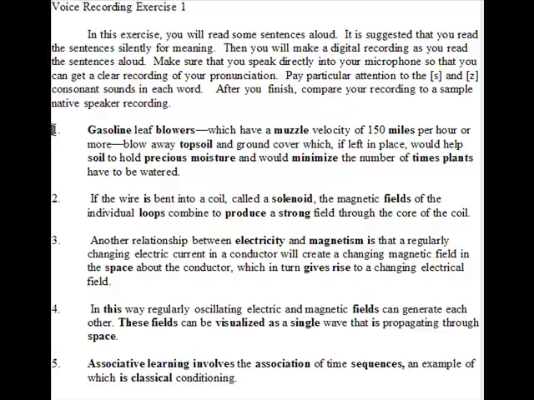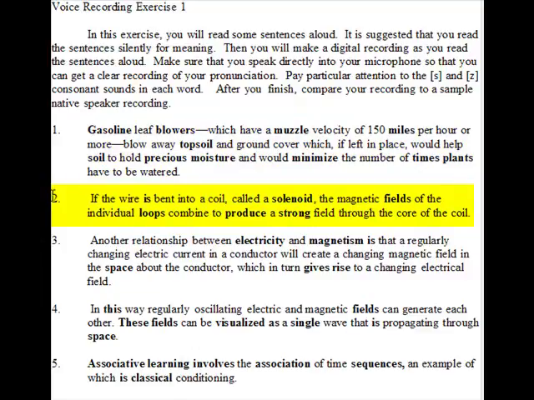Now listen to me read the 5 sentences. Gasoline leaf blowers, which have a muzzle velocity of 150 miles per hour or more, blow away topsoil and ground cover which, if left in place, would help soil to hold precious moisture and would minimize the number of times plants have to be watered. 2.